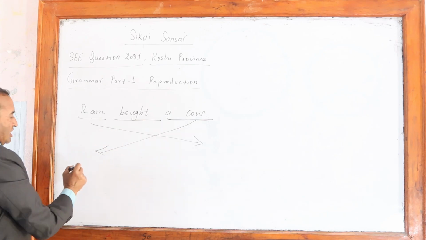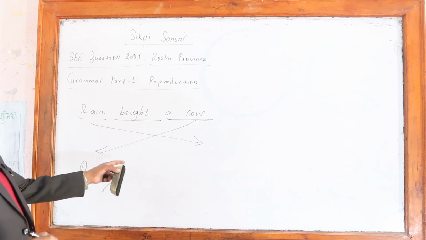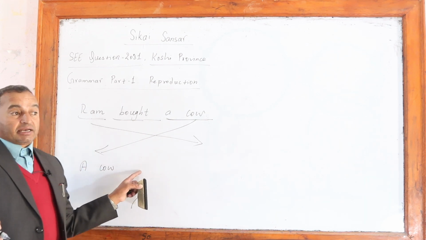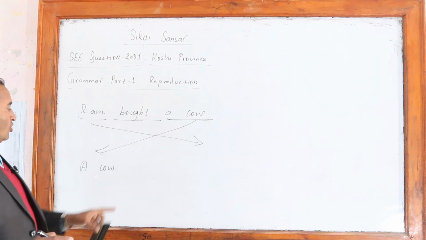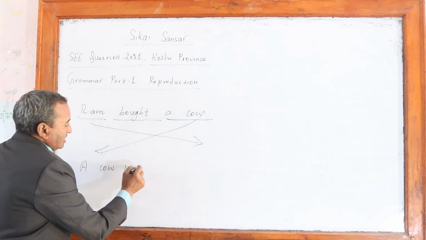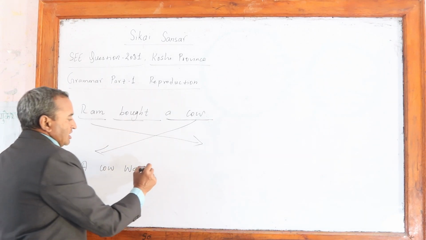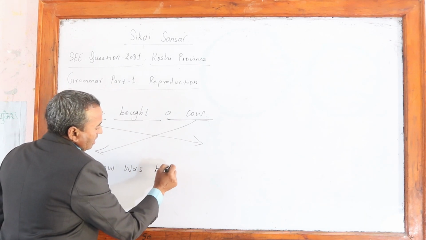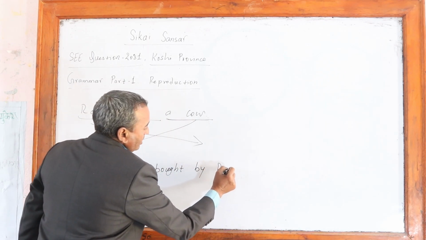So a cow comes here. There isn't an auxiliary verb. A be verb is needed here, right? "Bought" is the V2 form, so a be verb plus V3 is written here. A cow was bought.